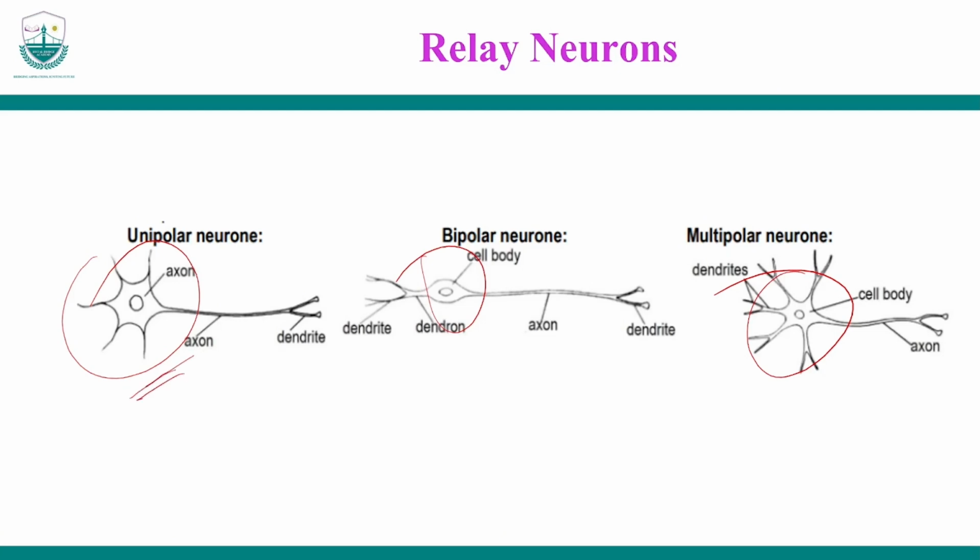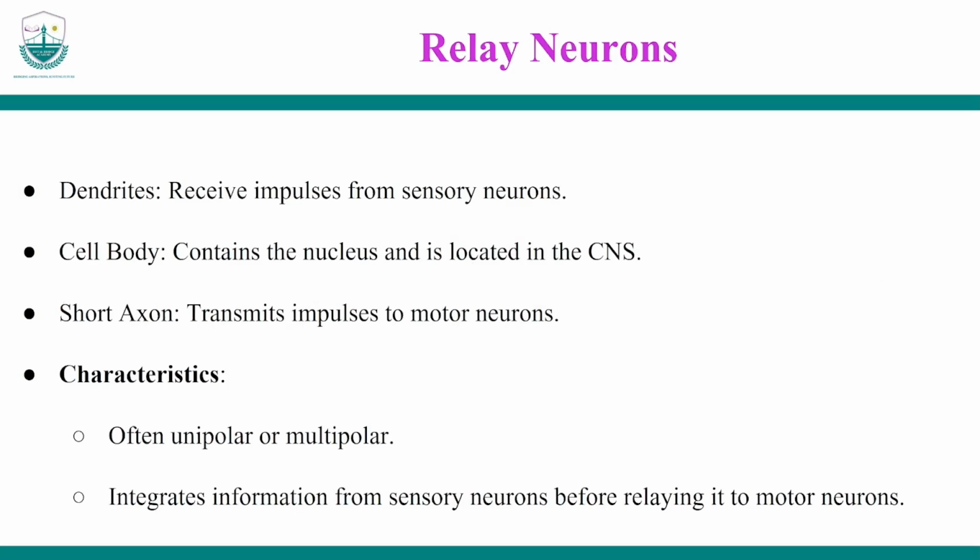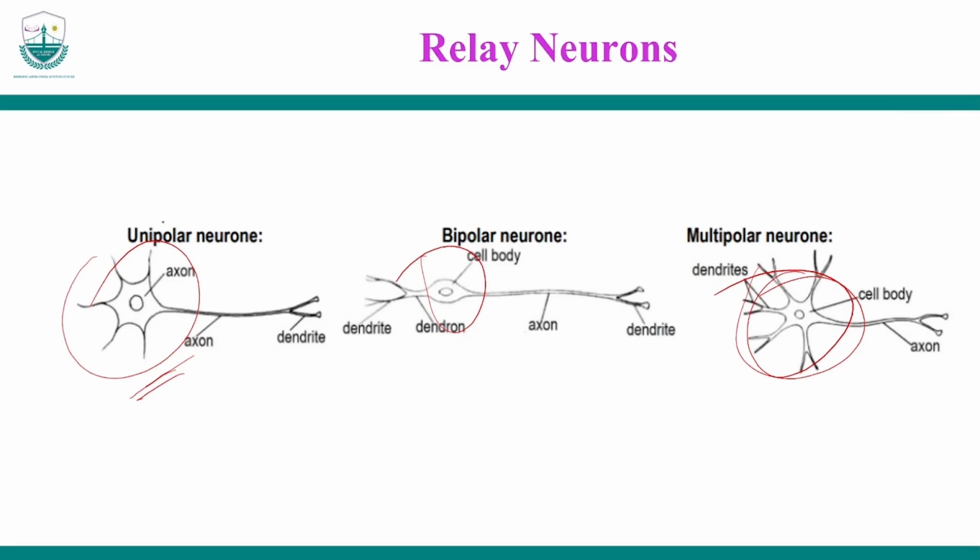If it is in the middle, that means you have two extensions. That means that is a bipolar neuron. And then if you have several extensions, then you can have it being termed as a multipolar neuron. Okay, so they can be multipolar, they can be unipolar, or bipolar.